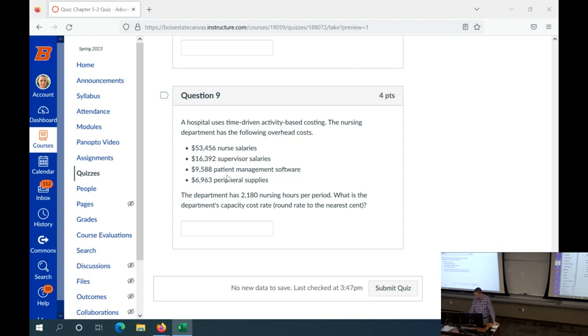So taking these 3 in the numerator, summing them and putting them in the numerator, and then dividing by 2,180. Okay. The procedure's right, except in this case, you include the nurses' salaries in overhead in the numerator there. I don't have that sentence that says it's traced directly to patients. There's another version of the question that has that, in which case you omit nurse salaries, and I think also medicine costs in that other version of the question we did the other day.